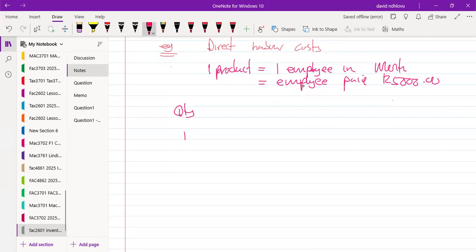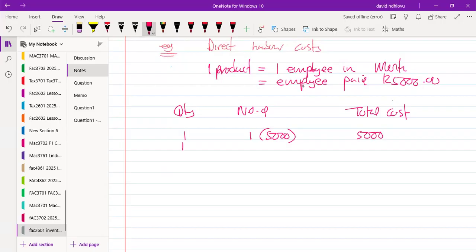So if you have the following quantities of production: if you produce one unit, you will need one employee, whom you are going to pay 5,000, which means your total cost will be 5,000.